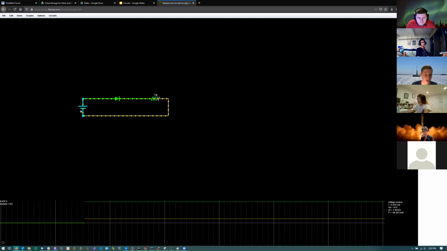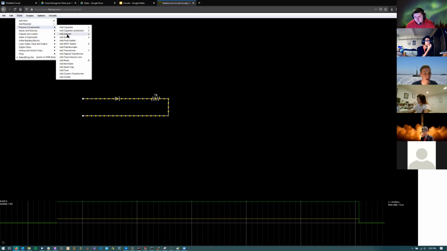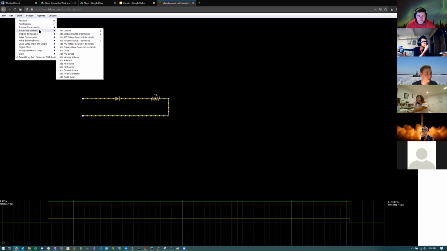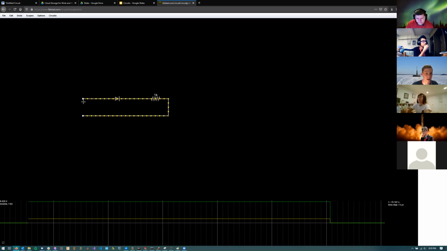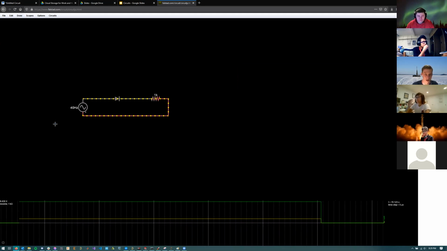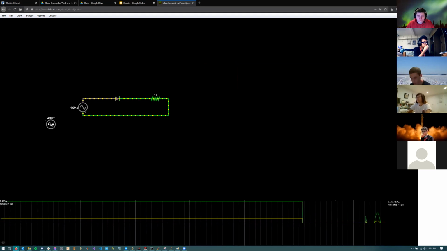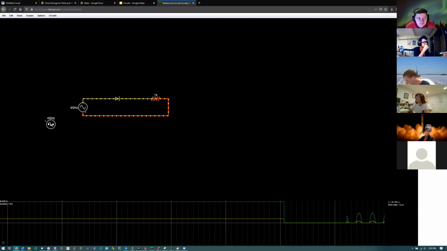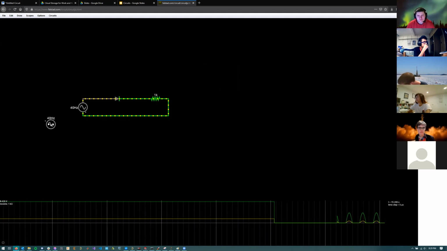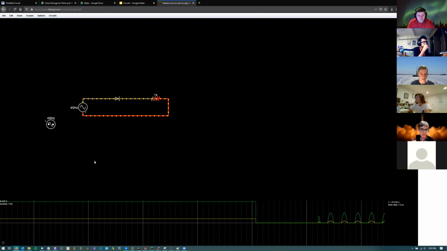So we'll go back to the diode. In an AC circuit, diodes are very useful, especially in any wall outlet that you have in your house. This wall wart converts the AC power from your outlet into DC power for whatever device you're using.